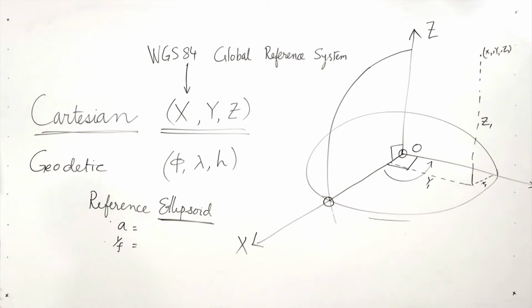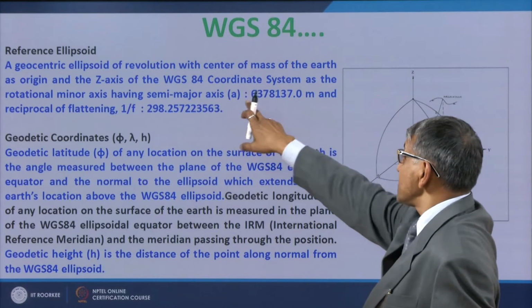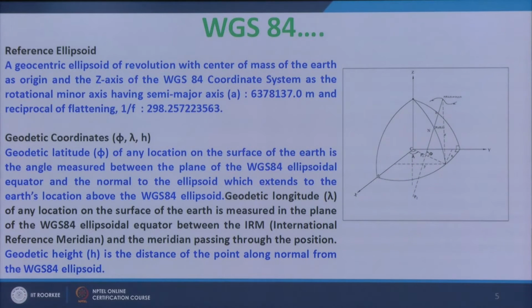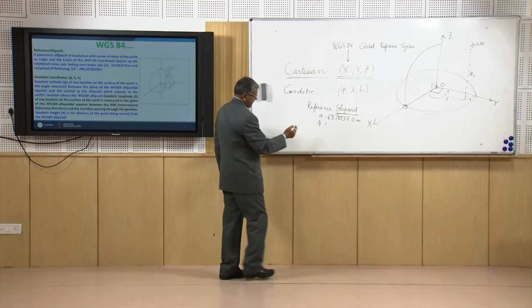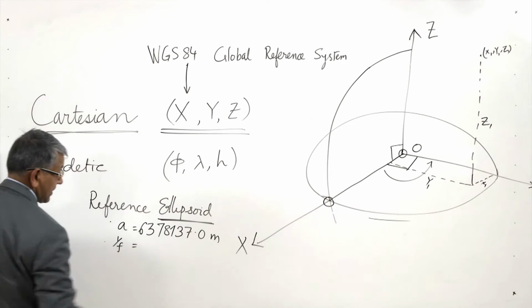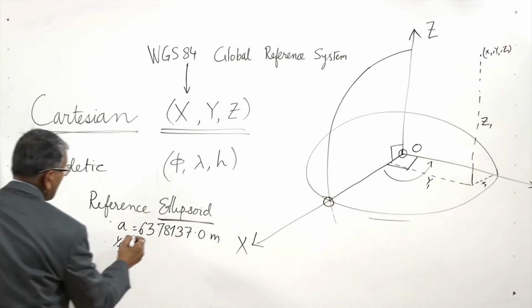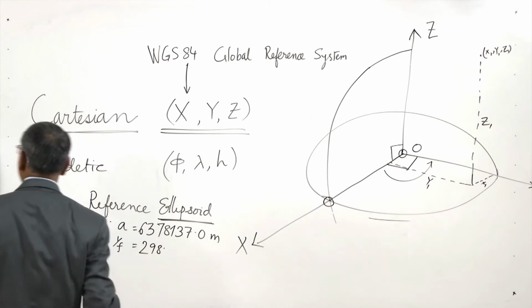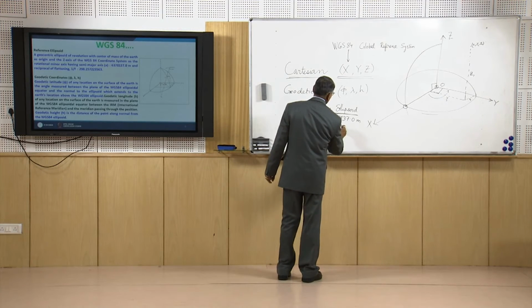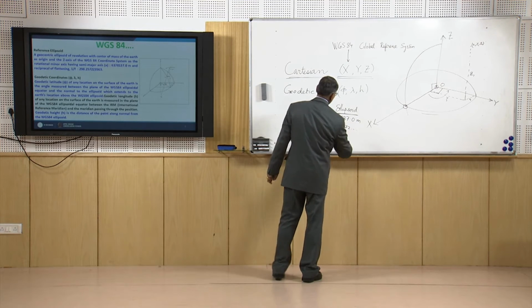In case of WGS84, the semi-major axis is given by 6,378,137 meters, so you can say 6,378.137 kilometers, and the reciprocal of flattening is 298.2572.